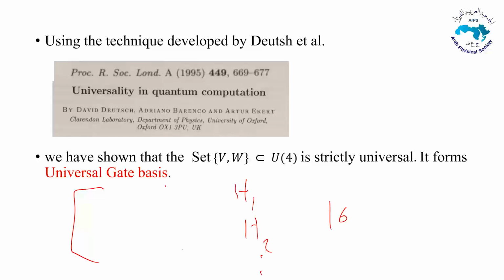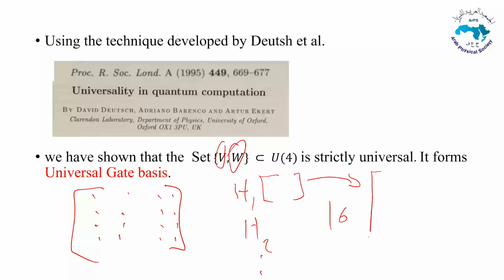Because you have a 4 by 4 matrix, so you have 16 elements. You can show that the Hamiltonians built from V and W, as combinations of V, W and commutators, are independent. Each Hamiltonian can be transformed into a super vector.